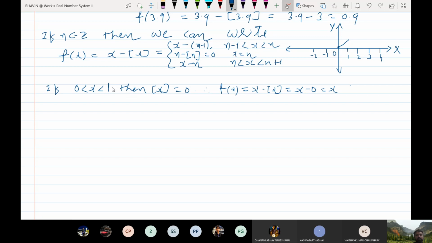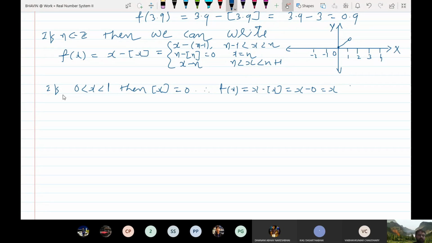It will never take the value 1. So this point is excluded. Do you understand why I have not taken 1? If you take x equal to 1, then the value becomes 0, it comes here. So this point is excluded. It is not a member of the range of the function.